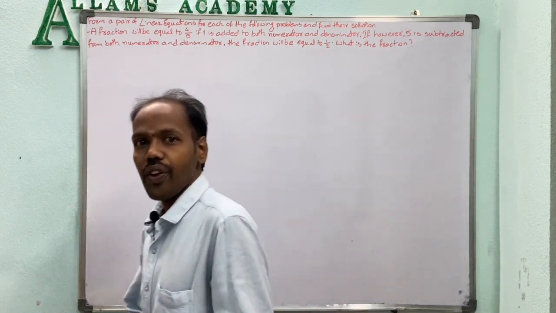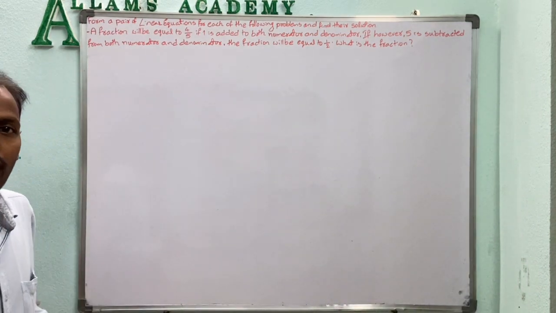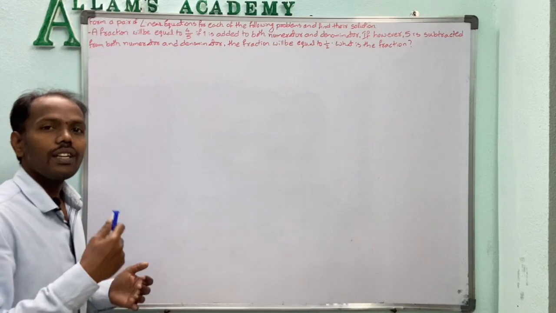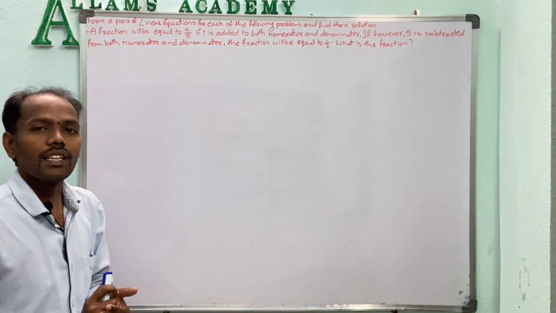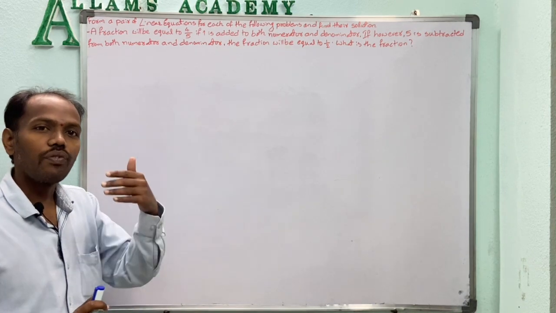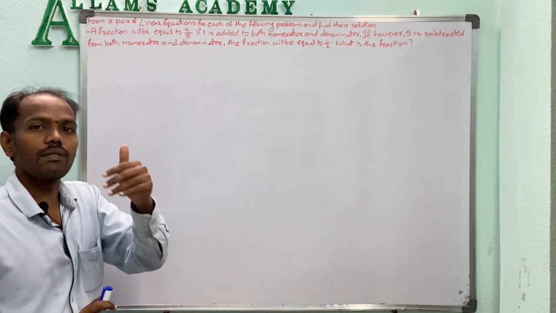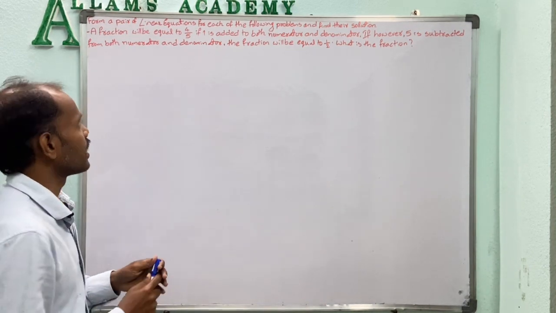Okay, so the fraction is in the form of p by q. It has a numerator and denominator that we don't know. So we let the numerator and denominator of the fraction be x and y.